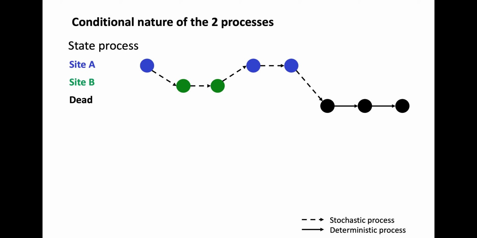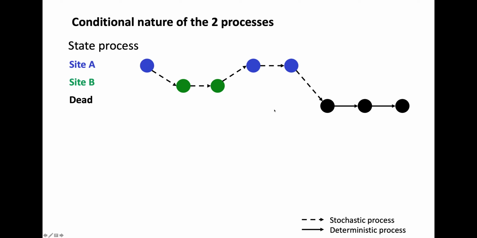But now, in addition to being alive, you have the location where the individual was alive, say site A or site B. In this example, the individual is alive in site A, then moves to site B, stays there for one occasion, moves back to site A, and then stays for another occasion, then it dies, and remains of course dead for the rest of the study.